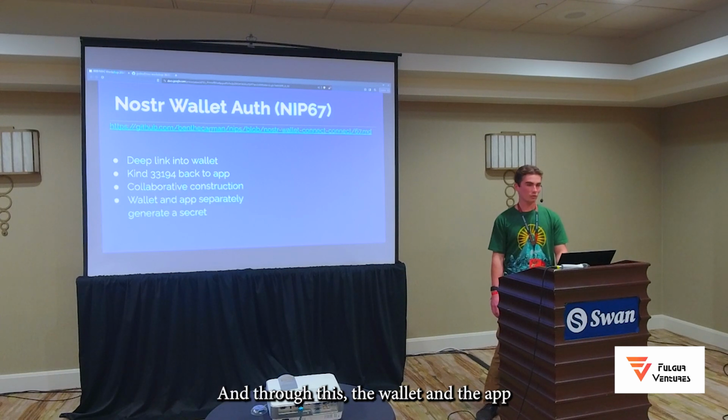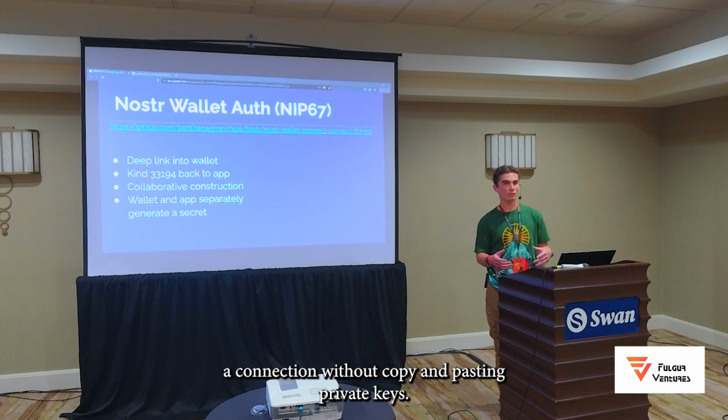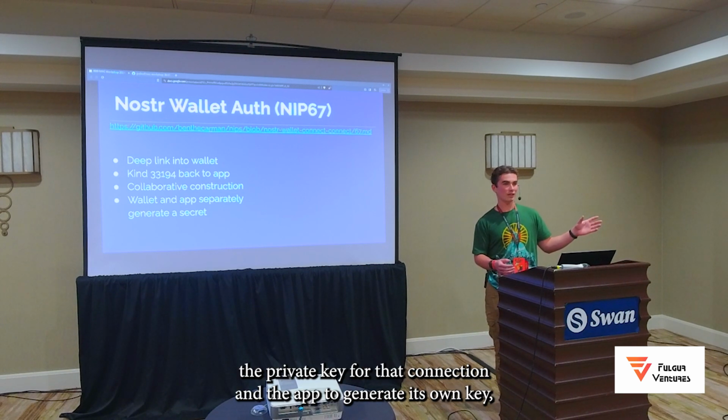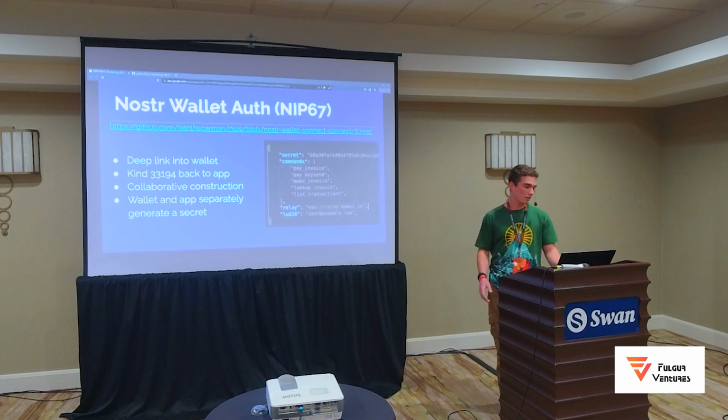And through this, the wallet and the app are able to collaboratively construct a connection without copy and pasting private keys. It allows the wallet to generate whatever it wants for the private key for that connection, and the app to generate its own key, and then they can manage their keys however they choose.